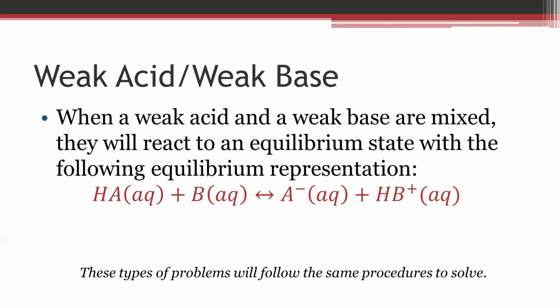And last but not least, the weak acid, weak base situation. With this one, since both of them don't break apart, the equilibrium expression doesn't actually include any water, hydroniums, or hydroxides. So you would use this equation here, where HA is the weak acid and B is the weak base, to then do the before reaction after to figure out what has been used up and what's left over.